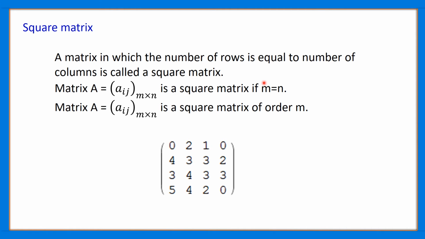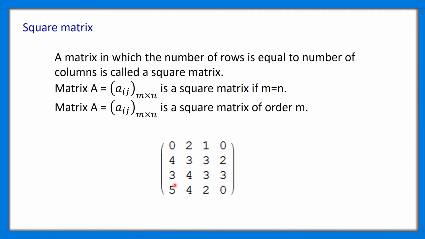Okay, let us take an example. The matrix with rows 0, 2, 1, 0; 4, 3, 3, 2; 3, 4, 3, 3; 5, 4, 2, 0. The number of columns in the given matrix is 4. Similarly, the number of rows is 4.